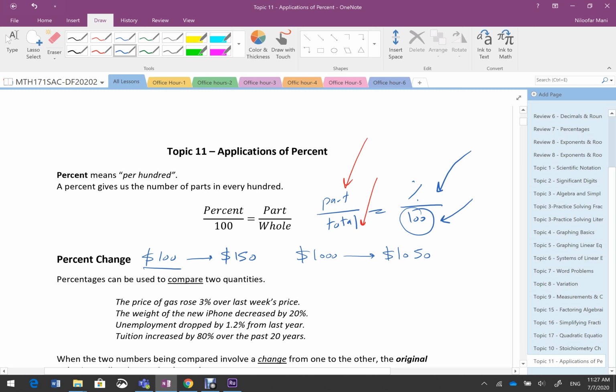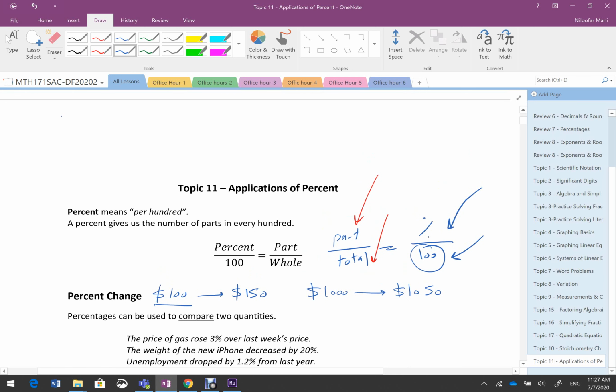So it's always part over total because I have percentage over 100. For example, I can say 15 of my students over 60, and then I can say how many over 100. Then you can find the answer. What is the percentage here?